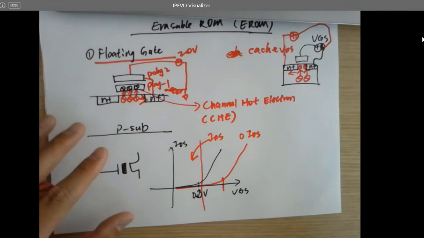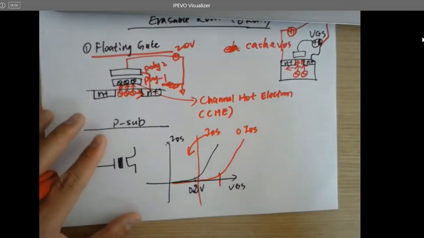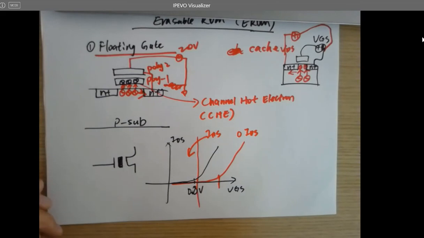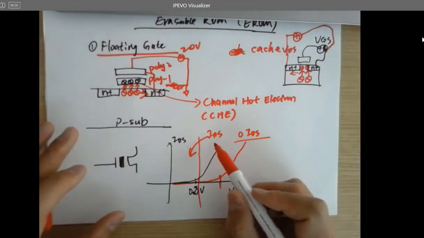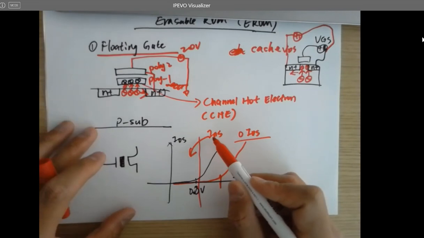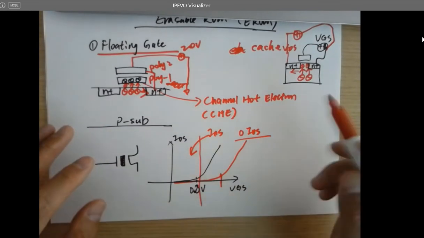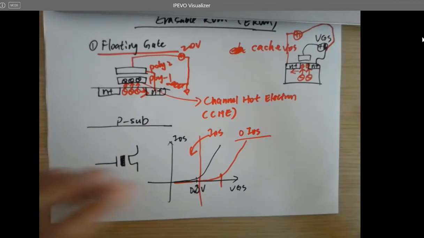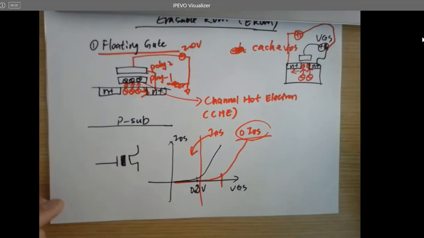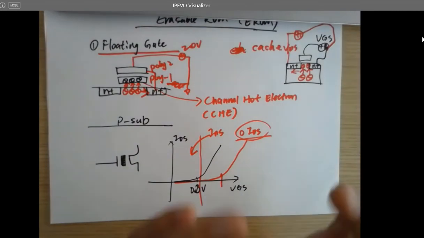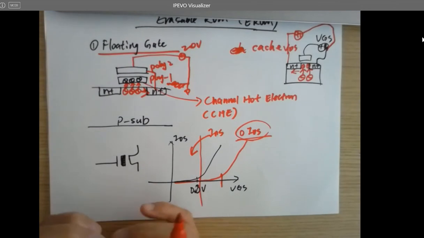The programmed ones will give you 0 current. And the not programmed ones will conduct current in the channel, so you can see a current flow. I don't care how you process it. You can invert this one to 1. It doesn't matter, it depends on how you design the circuit. But now I can definitely tell a difference. And now we're done because it's binary. If I can tell a difference, I can assign either state to 1 or 0. And now I get data.